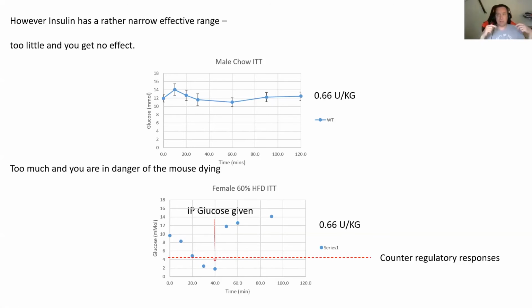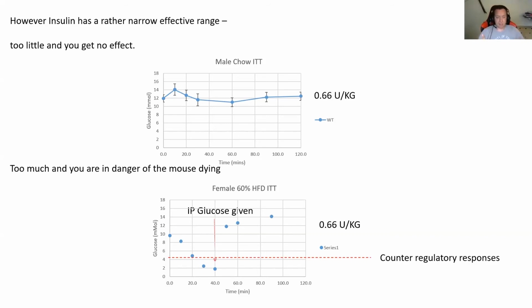If your blood glucose falls really low, you will get stress hormones, such as, we've already mentioned cortisol, we've already mentioned growth hormone, but you will also get things like catecholamines, which will promote the release of glucose from the liver. And you will also get glucagon being produced, which is again going to promote the release of glucose from the liver to counteract the effects of this hypoglycemia.